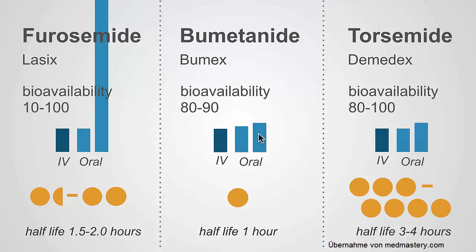The low dose to the high dose is almost identical to the IV dose. And that makes it much easier to convert patients from IV to oral bumetanide and torsemide. The other big difference is half-life, and you can see that the half-life of Lasix goes from 1.5 to 2 hours, much shorter half-life with bumetanide, and a longer half-life with torsemide.